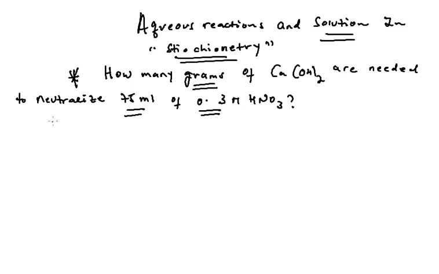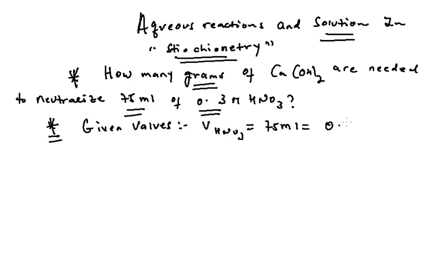The very first thing that we need to do is write our given values. What do we know about the quantitative values? We have the volume of nitric acid, which is 75 milliliter, and that is equivalent to 0.075 liter. When you want to change into liter, remember that you divide by 1000.